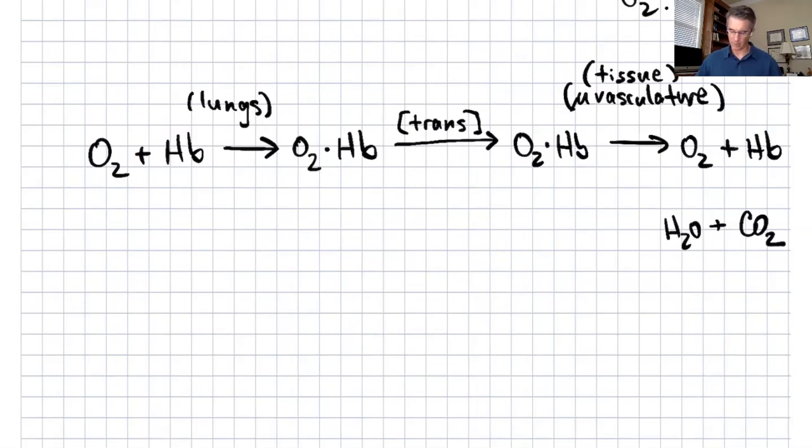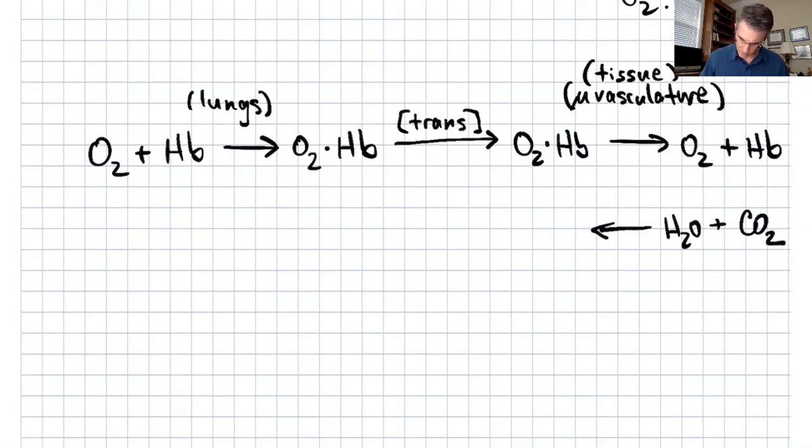That's happening out here in the microvasculature, and it's not transported as gaseous CO2. Some of you may remember that CO2 in water will turn into carbonic acid, and this normally is kind of slow.